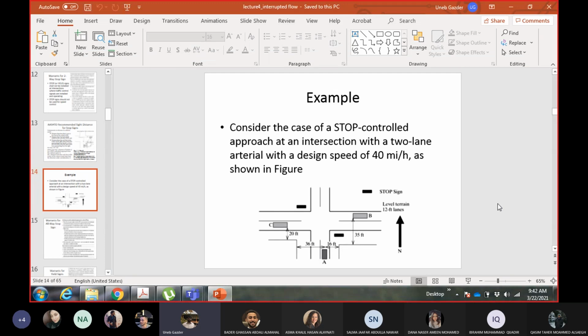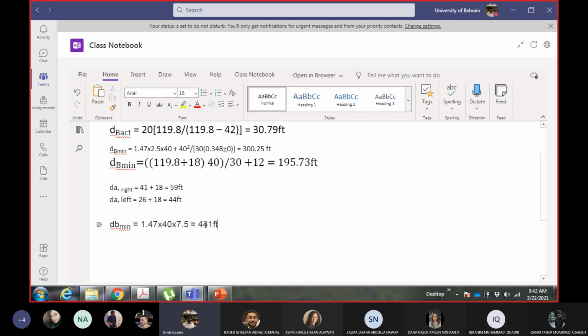So now you know from how far the stop sign should be visible for the driver on road A. In order to cross, the driver on the left hand side needs 44 feet.